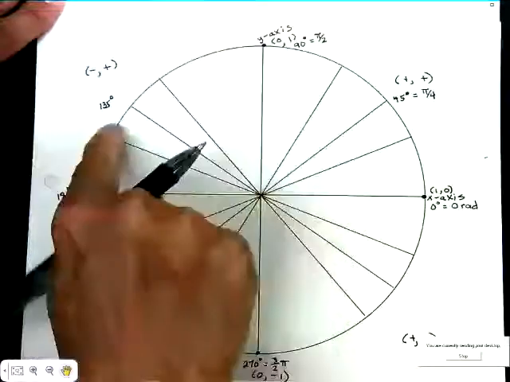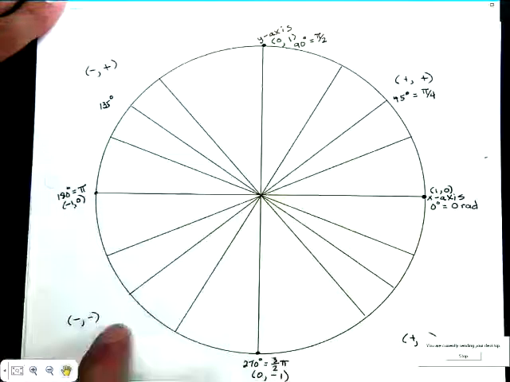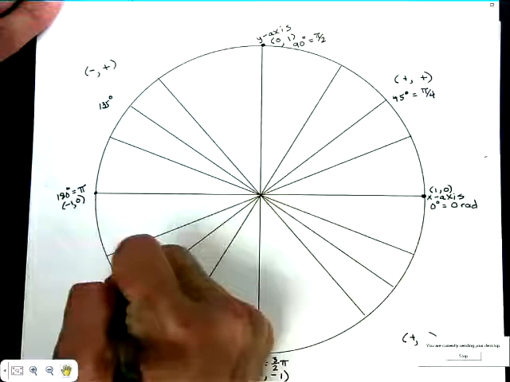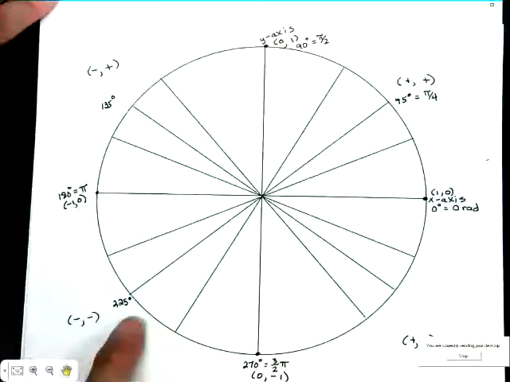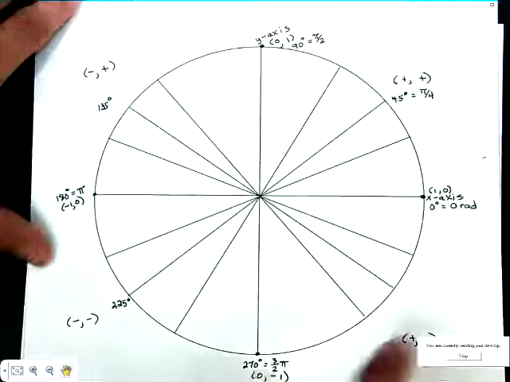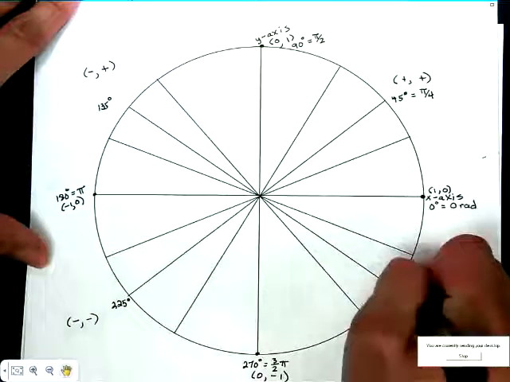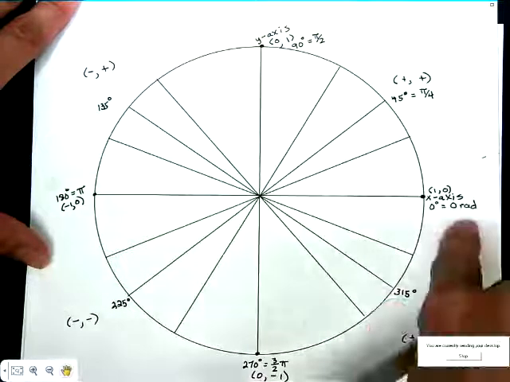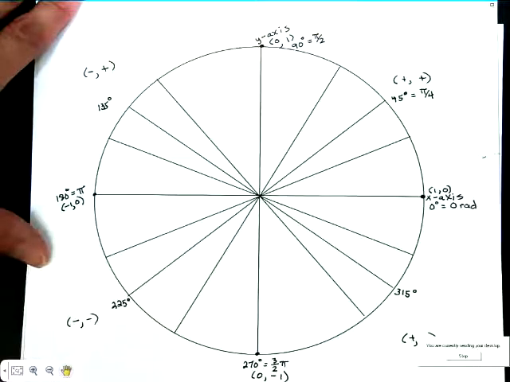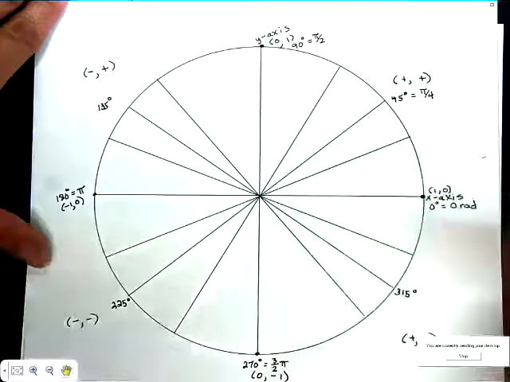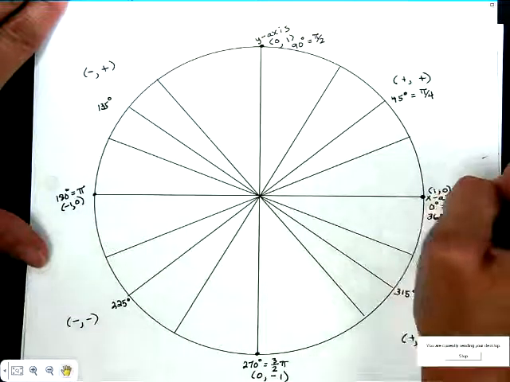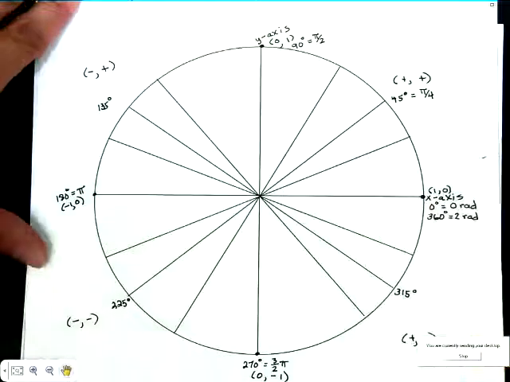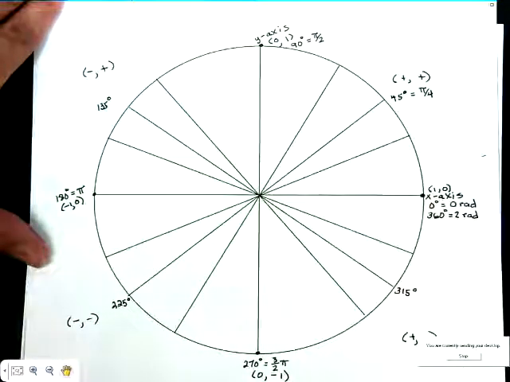And then another 45 is 180, and another 45 is 225, and another 45 is 270, and another 45 is 315, and another 45 is 360. 360 degrees, or 2 pi radians, is the same angle as 0 degrees, or, oops, I left out the pi, 0 degrees or 0 radians.